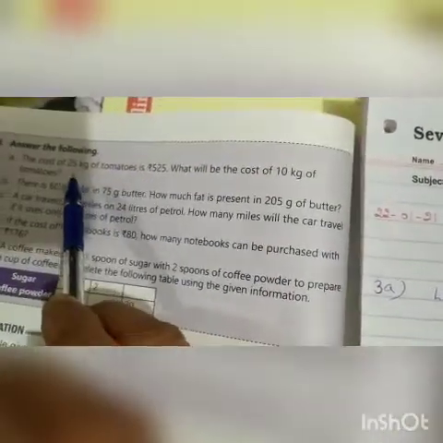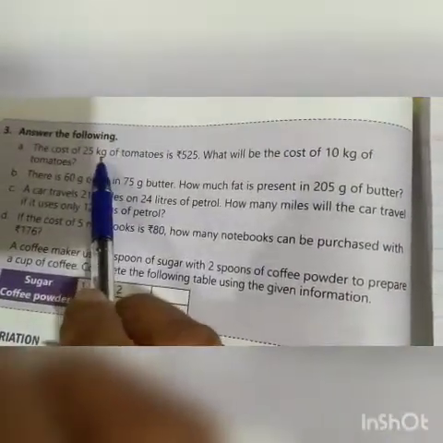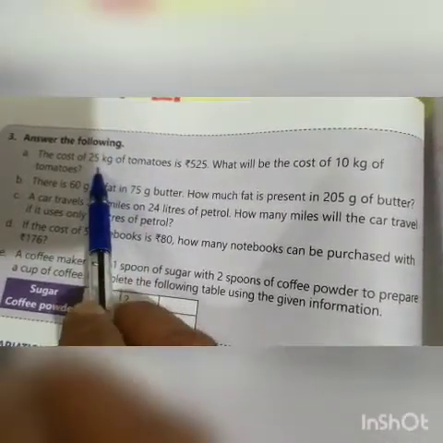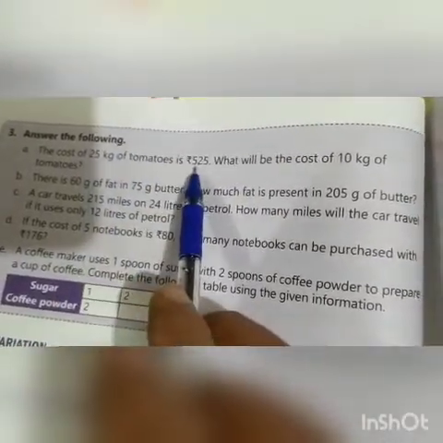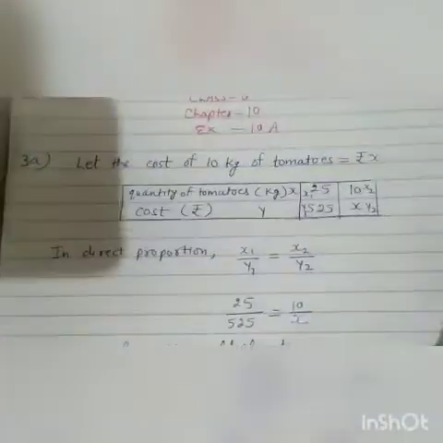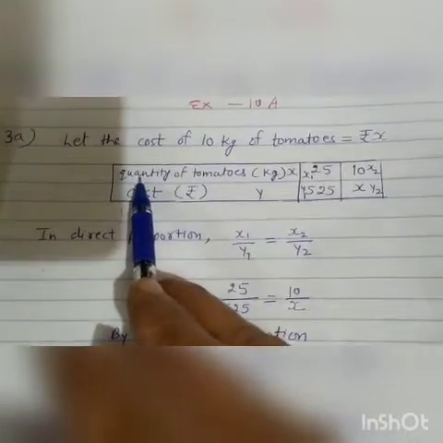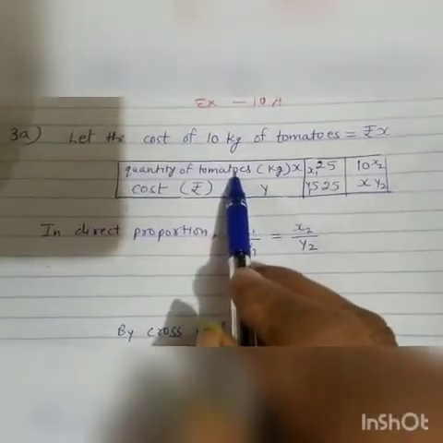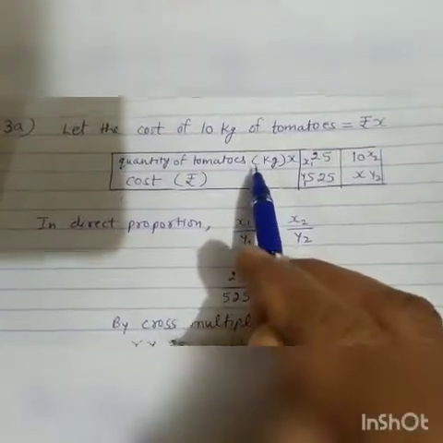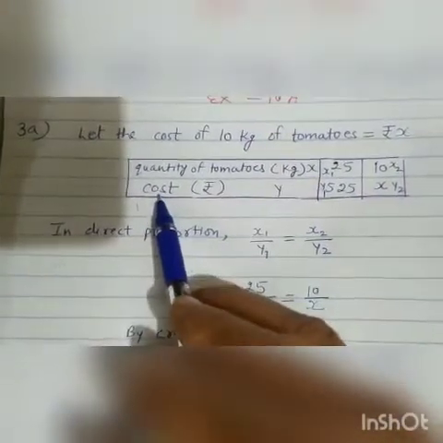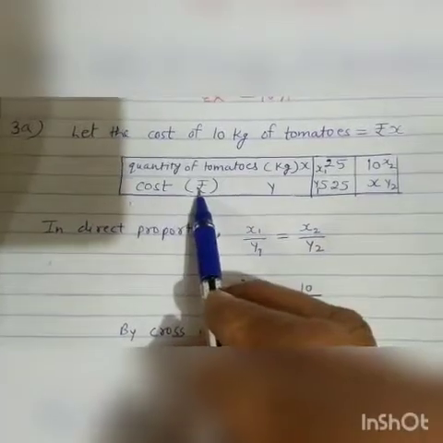Now in this question there are two quantities, two terms. First is the weight or quantity of tomatoes, and the other is the cost of tomatoes. So we will make a table like this. In the first term we will write quantity of tomatoes. The unit of quantity is kg, kilogram. And the second term is cost in rupees.